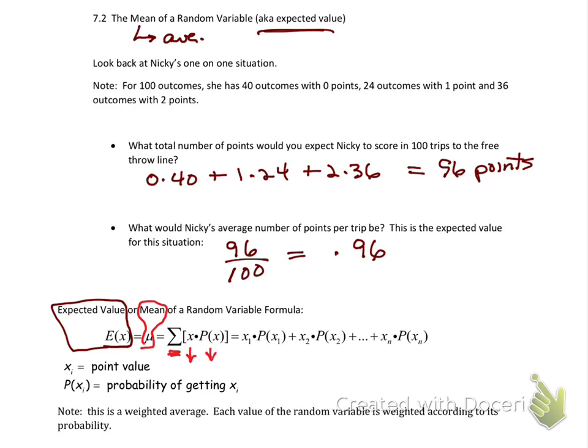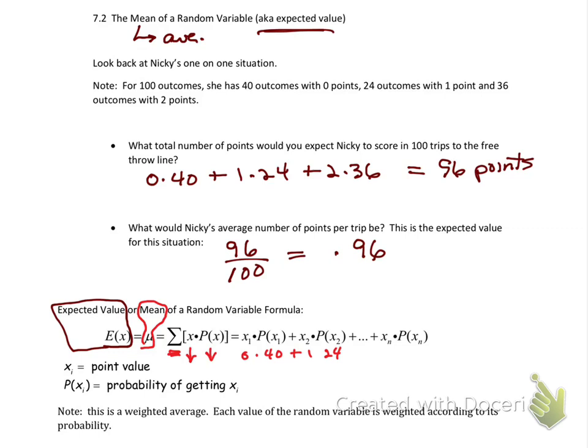So this is what we did. To get 0 points, it was 0.4. To get 1 point, the probability was 24 out of 100. To get 2 points, it was 36 out of 100. This is called a weighted average.